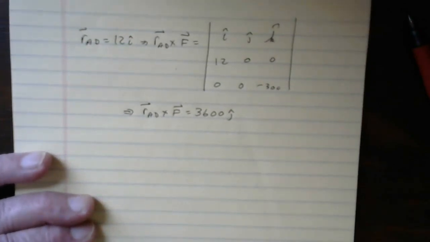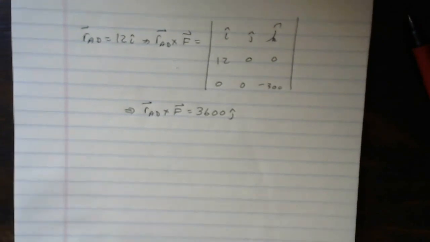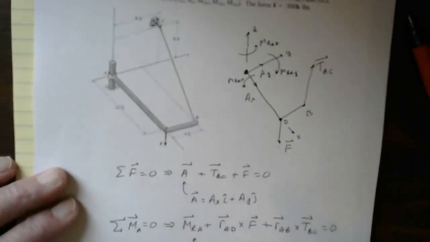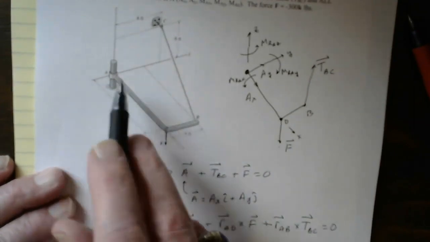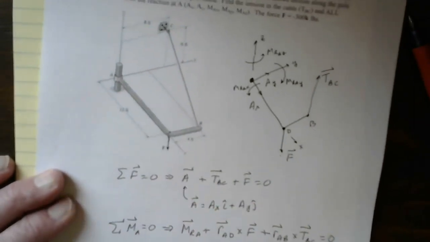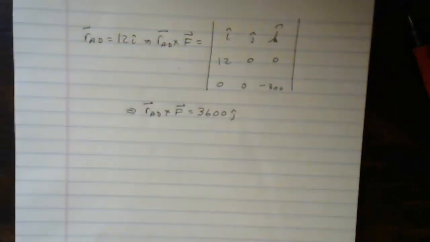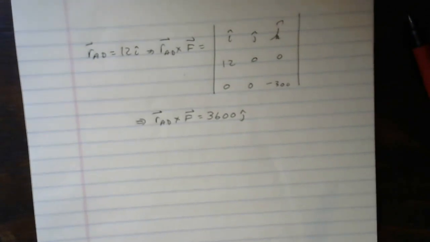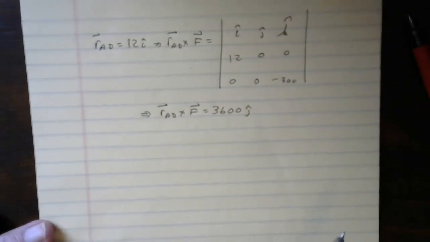If you go back to the diagram, this force is only tending to cause a rotation about the y-axis, not about the x-axis nor the z-axis. So it makes sense that there's only the y component. That takes care of one of the cross products.